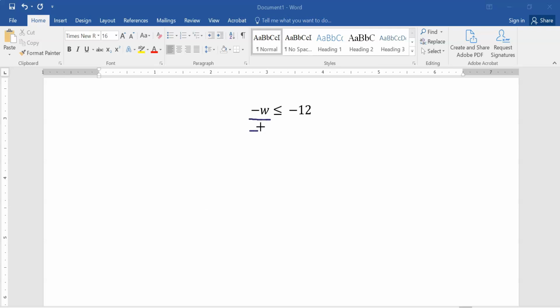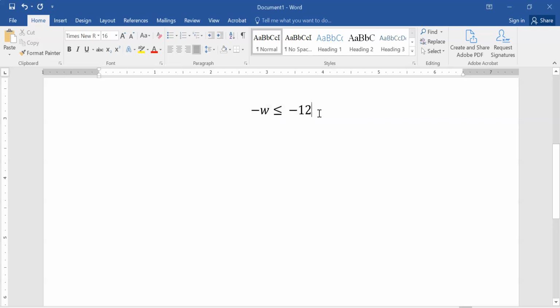So I divide the left-hand side by negative 1, divide the right-hand side by negative 1. Now notice, this is a negative 1. I'm not dividing by a positive, I'm dividing both sides by a negative. So because I divide both sides by a negative, I have to flip the sign. So it's going to go from less than or equal to, to greater than or equal to.